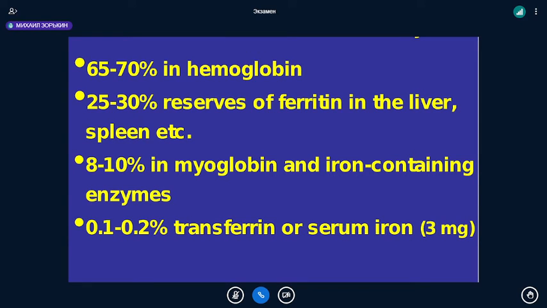Distribution of iron in the body. Most is distributed in the hemoglobin. There are some stores of ferritin in the liver, spleen, in the muscle, so myoglobin content, iron-containing enzymes, and the least part is within transferrin or serum iron.